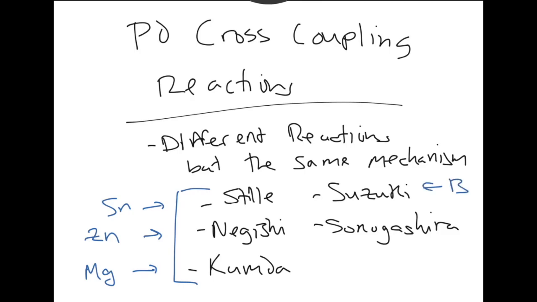And then Sonogashira is kind of doing its own thing, and it uses copper and triple bonds as opposed to double bonds. But the first four basically are all the same mechanism. So as opposed to showing you the mechanism for each of them individually, I'm just lumping them all together, and I'll show you where the difference lies.